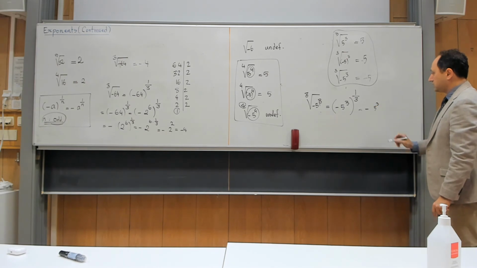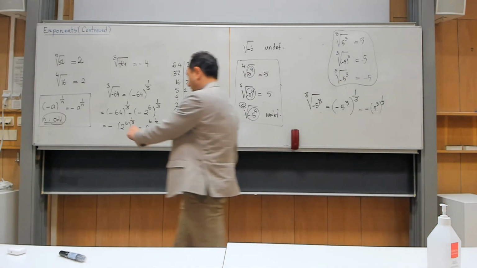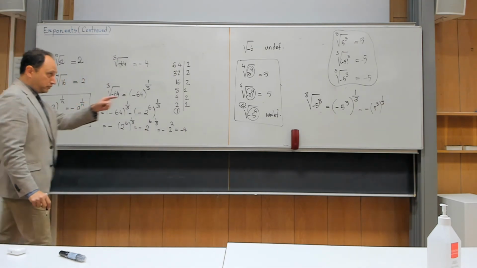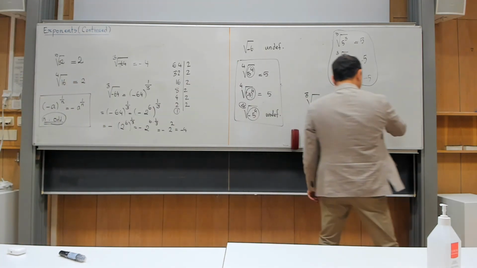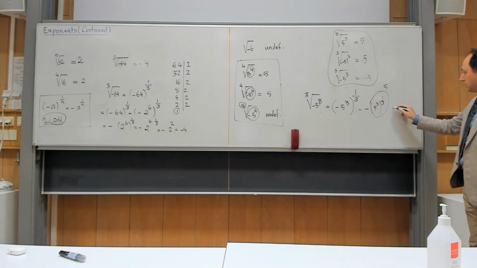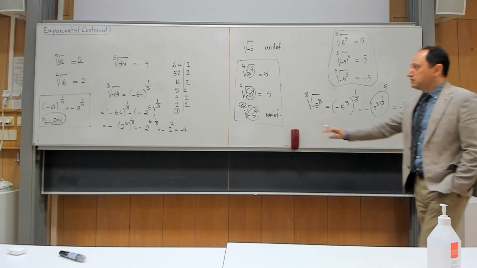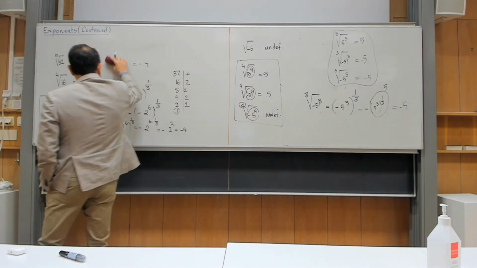Actually, I put the minus sign out. I can pull the minus sign out. But if I ask you, this part is 5, and then I have a negative sign here, so it becomes negative 5.